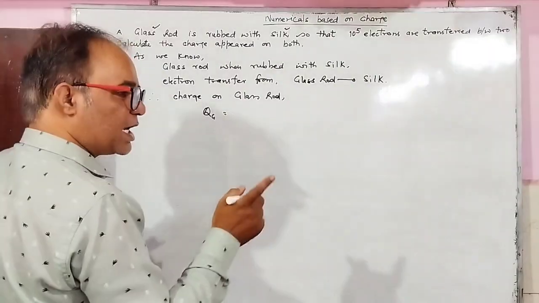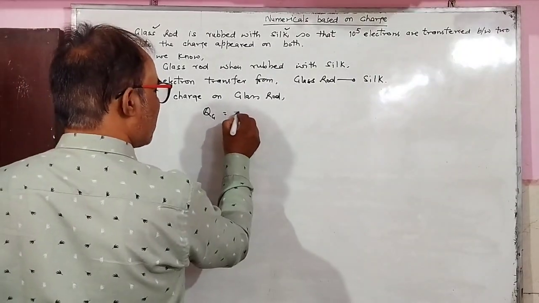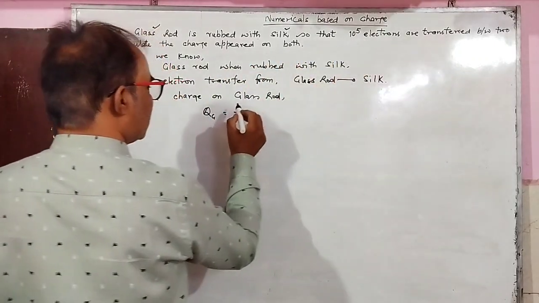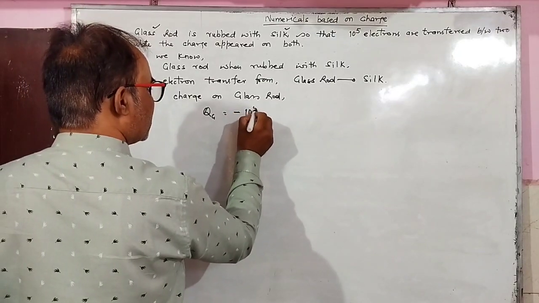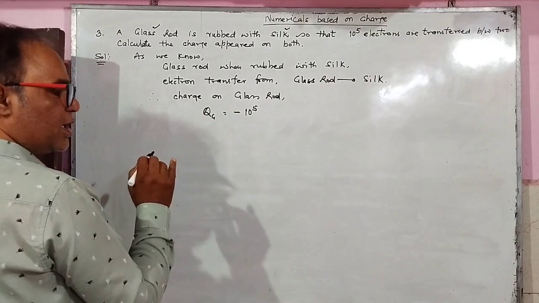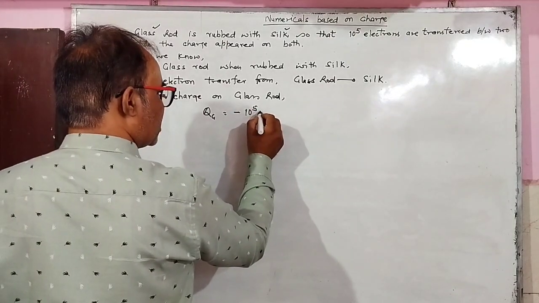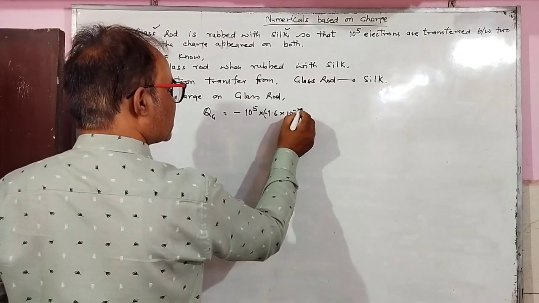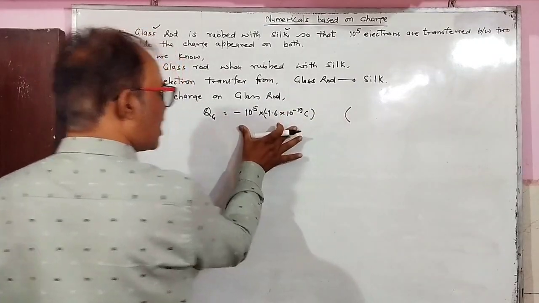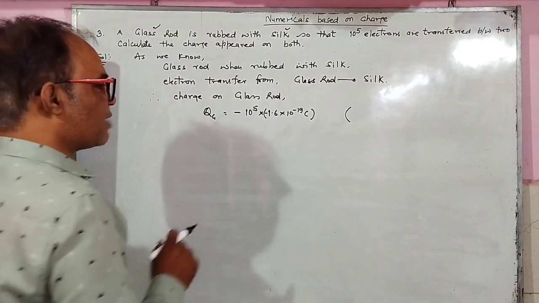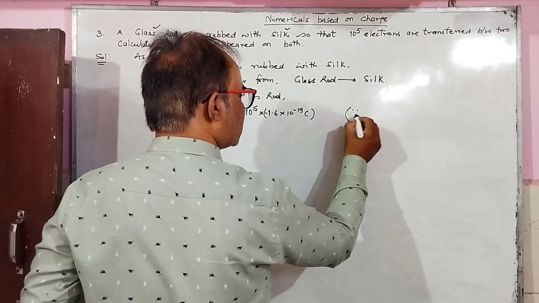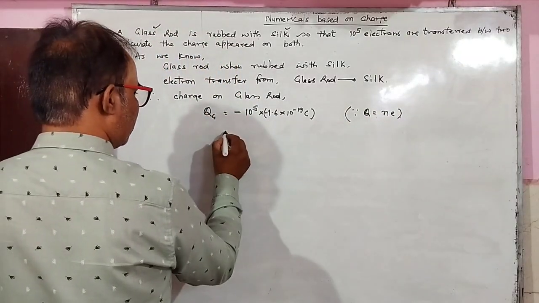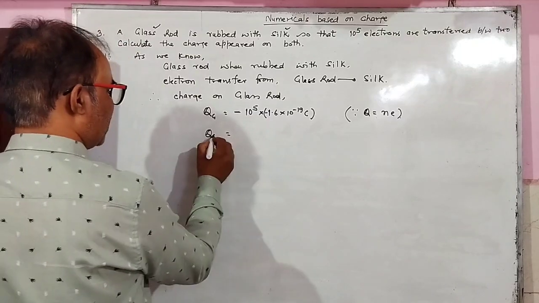That means electrons जा रहे हैं, that means कुछ जा रहा है, that means minus. कितना जा रहा है? 10 to the power 5 जा रहा है, और electronic charge into e, that is minus 1.6 into 10 to the power minus 19 coulomb. ये formulation हमने कहां से इस्तेमाल किया? ये formulation हमने इस्तेमाल किया है by the quantization of charge since Q equal to ne वाला formulation. So we can solve that and we shall have the value.